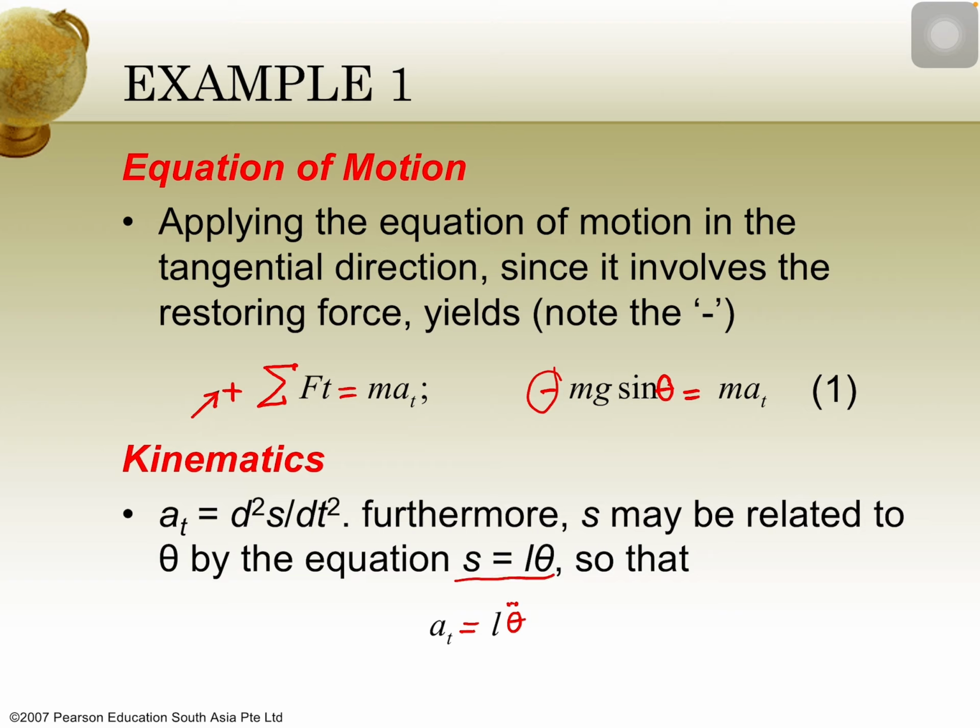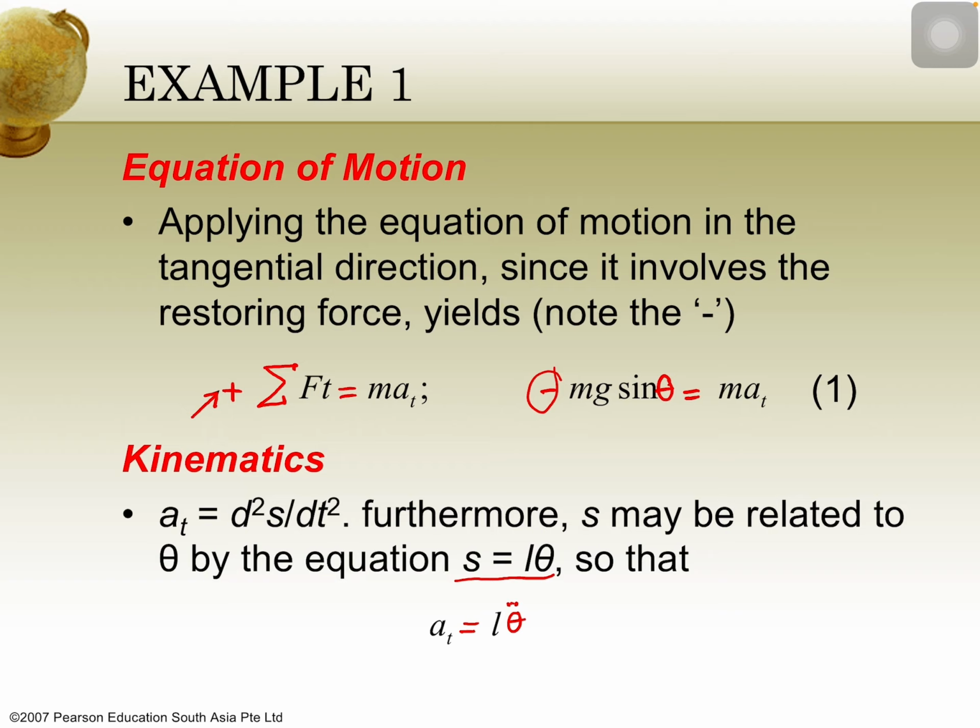So we can replace everything and change them in theta instead of S, because the motion of the pendulum is better described using the angle theta instead of the displacement.